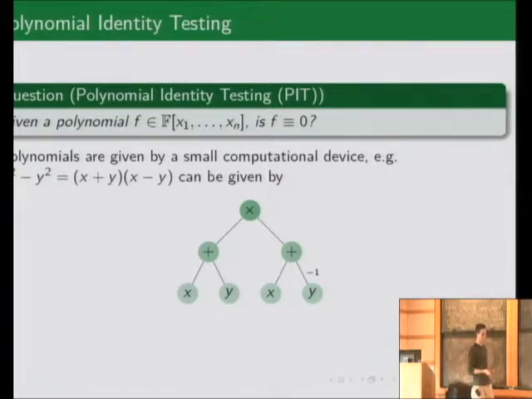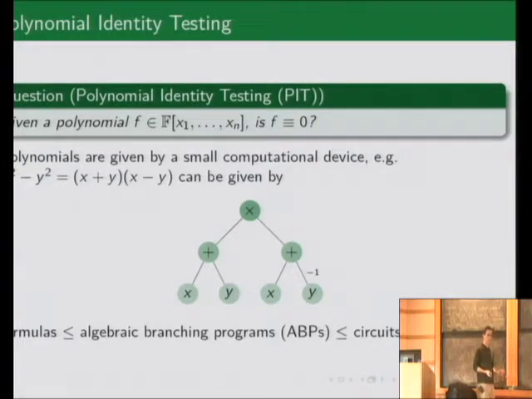There are many models of computation here. There are formulas, where the computation structure is a tree, with multiplication gates and addition gates internally. There's also obviously a circuit, where you can have a directed acyclic graph. We're going to be talking about something called an algebraic branching program, which I'll define shortly, and that'll be the focus of this talk. We're not going to be talking about general ABPs. There's a read once variety, which again, I'll also define.